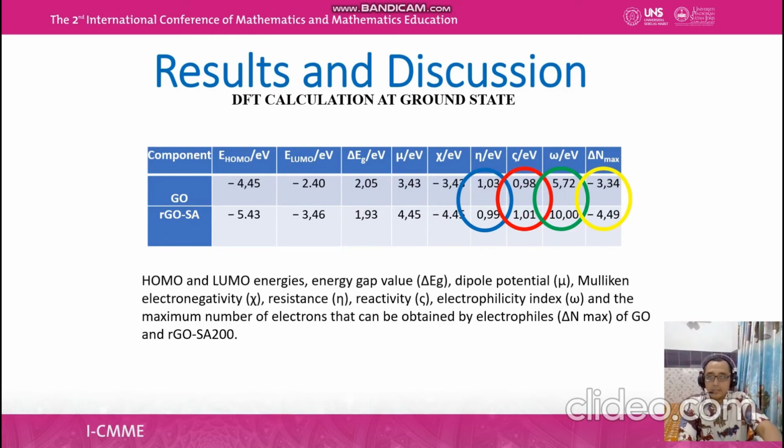As a result, the nano band gap energies are 2.5 and 1.95 electron volt respectively. The band gap energy of RGO SA 200 indicated the restoration of the electrical function of graphene.